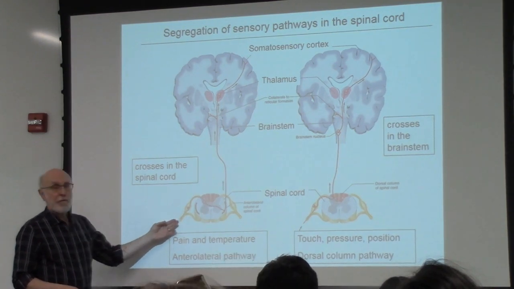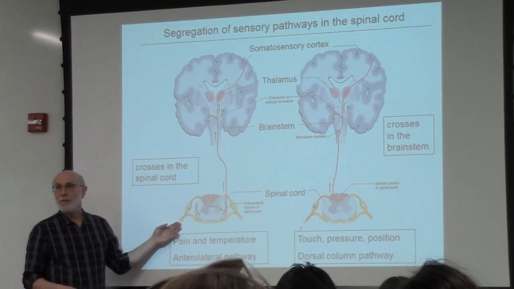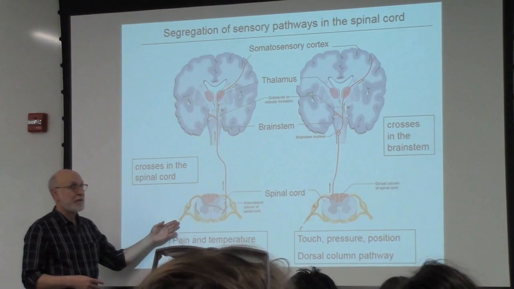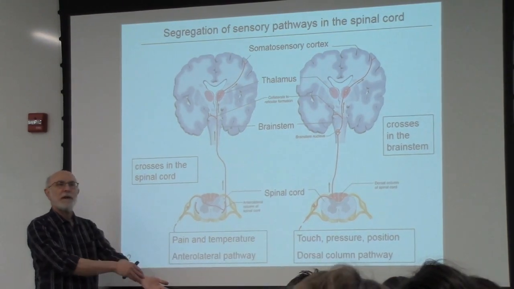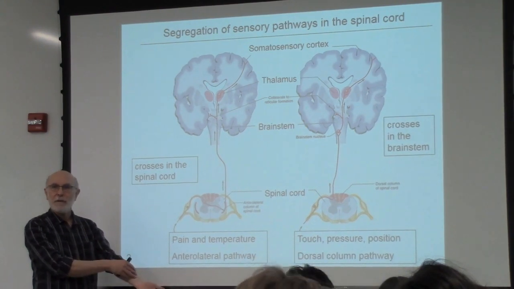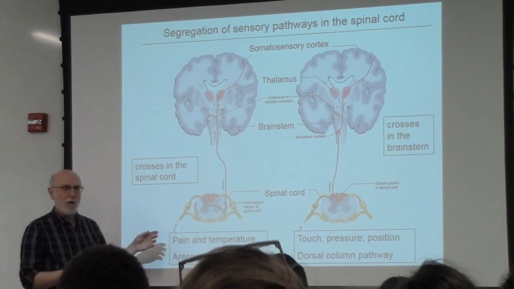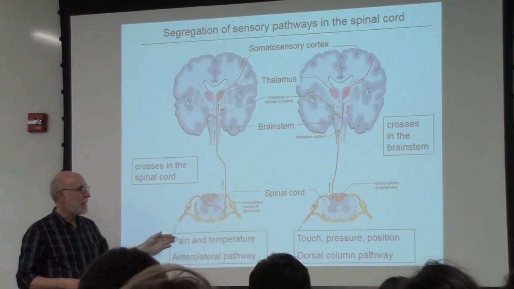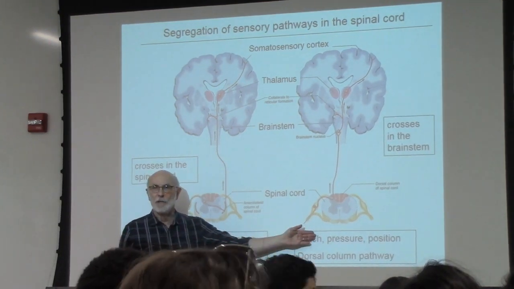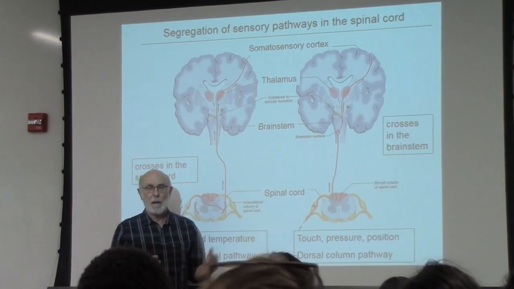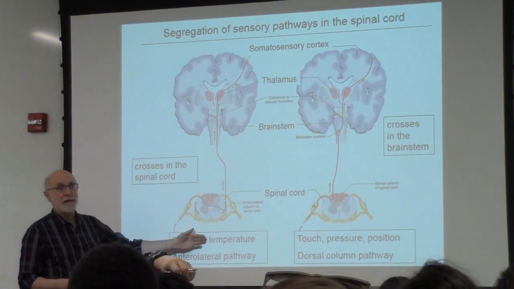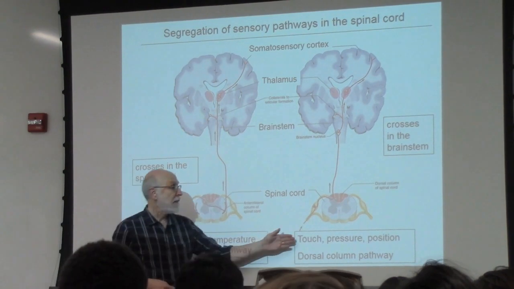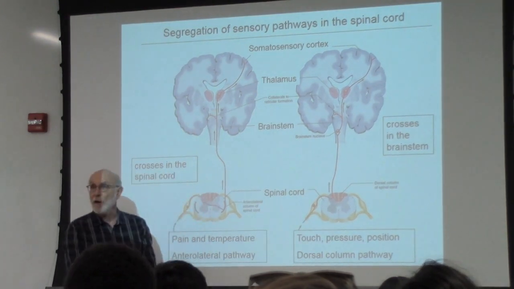And these afferents are all mixed up in a sensory nerve, or in a set of sensory nerves. Say in your arm it would be the median nerve and the ulnar nerve and the radial nerve. The sensory neurons in those nerves are a mixture of pain sensing neurons and temperature sensing neurons and touch, pressure, and position sensing neurons.